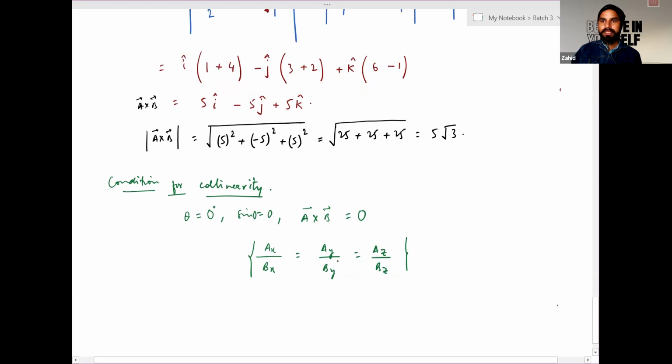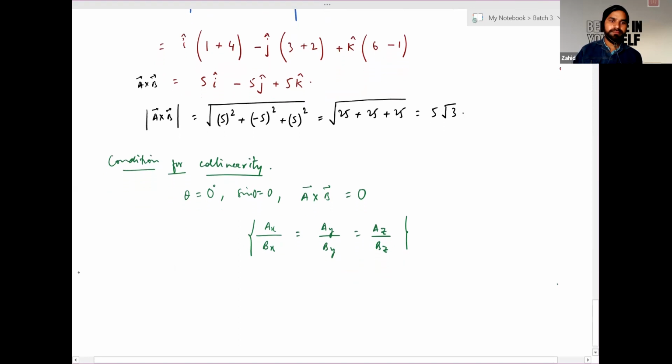Now there is some application for this cross product, or you will say geometrical meaning.